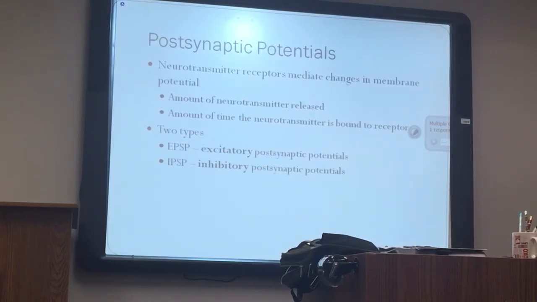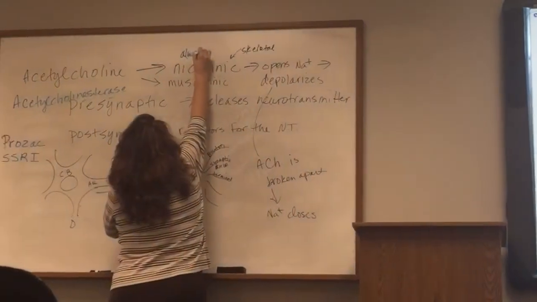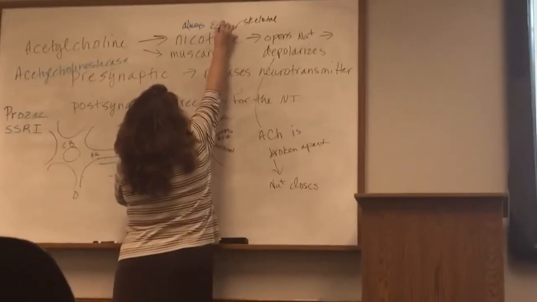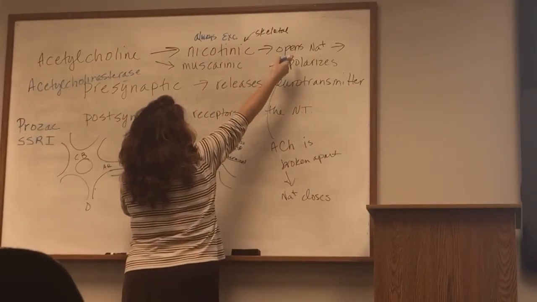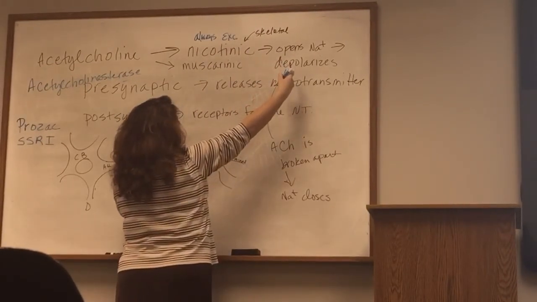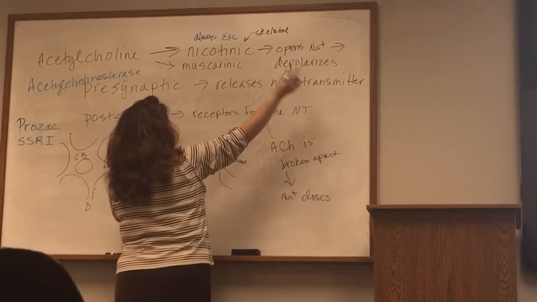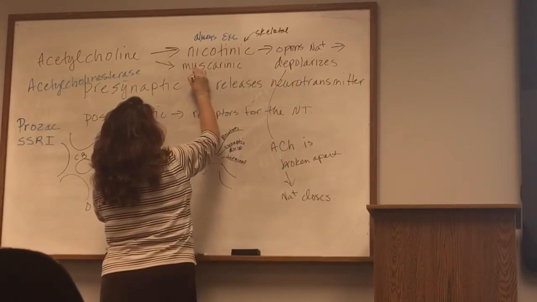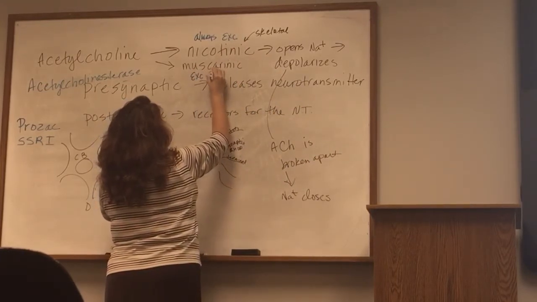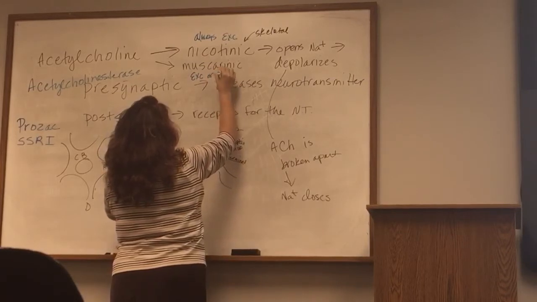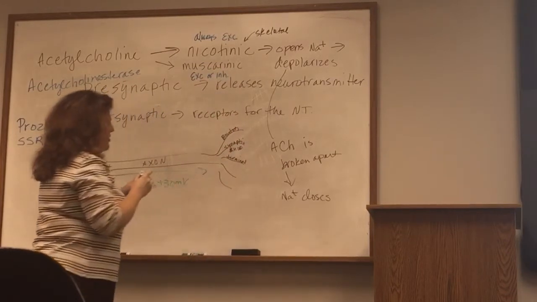So when you look at your neurotransmitters at the end of chapter 7, most of them are excitatory, but some of them are inhibitory. And I've already mentioned this, nicotinic is always excitatory because it always opens sodium channels, which always depolarizes, so then the muscle will contract. Muscarinic is either excitatory or inhibitory. It depends on the tissue.